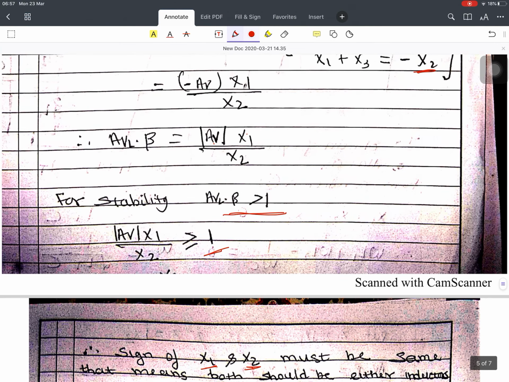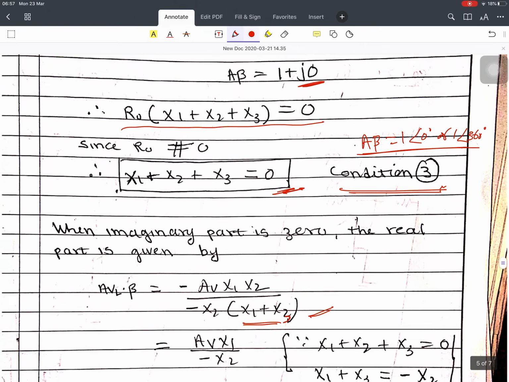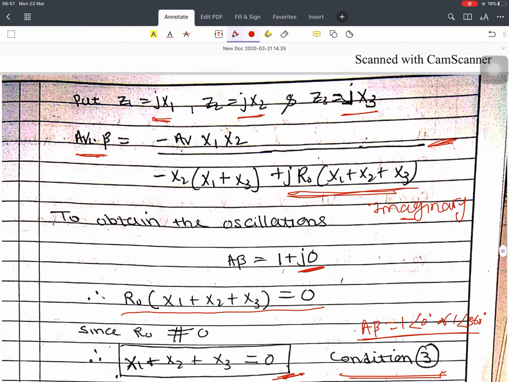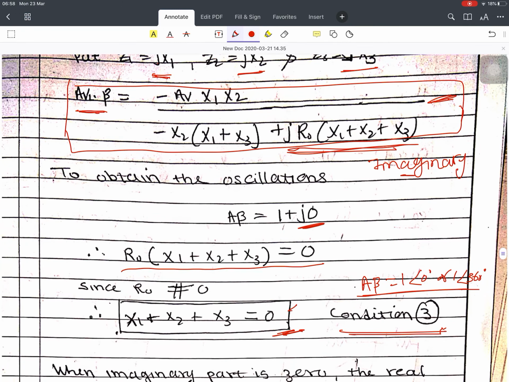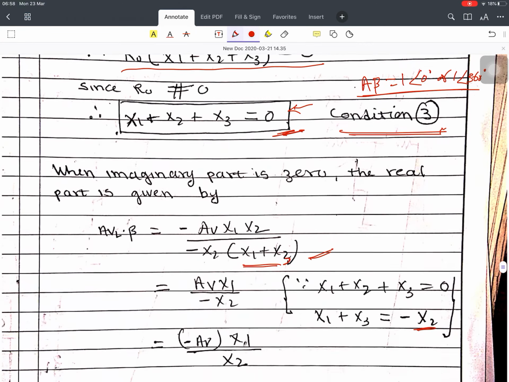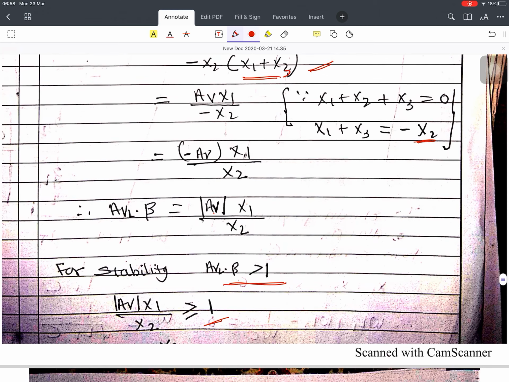Just remember this condition again. This entire derivation of the expression AV into beta will give you two conditions. First condition: imaginary part is 0, so you will get this part. Second, when the imaginary part is 0, you solve the real part, and you will get the condition AV into x1 by x2 must be greater than 1.